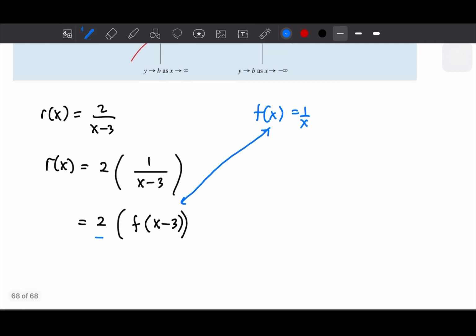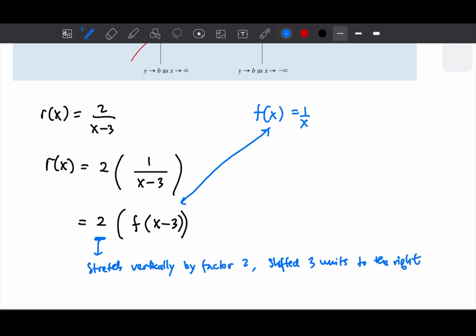So for these two, remember the transformation of functions. This is stretched vertically by a factor of 2, and then shifted 3 units to the right.